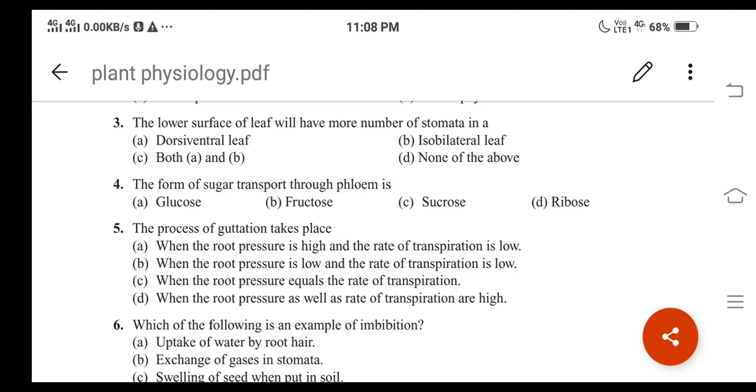According to the question, option A is the correct answer. The process of guttation takes place when the root pressure is high and the rate of transpiration is low, right?